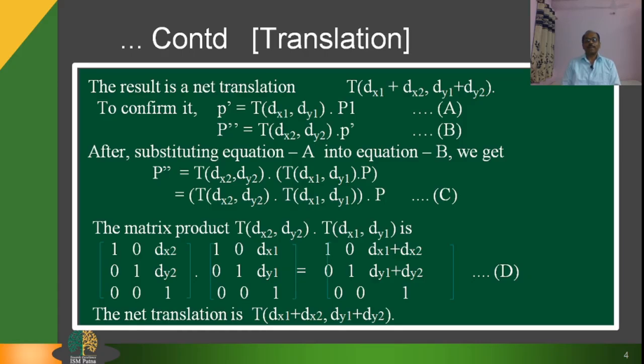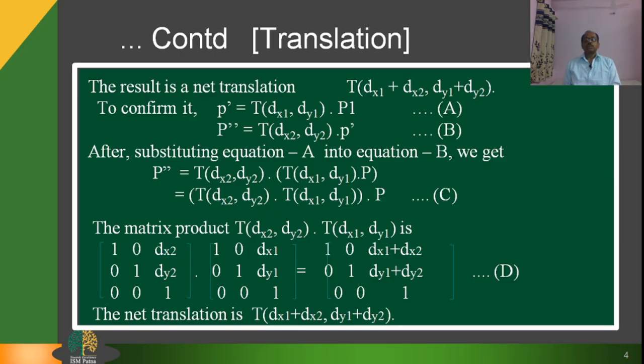So the net translation is described as T(dx1 plus dx2, dy1 plus dy2). So this is the mathematical derivation in the form of matrices which are used to do translation of an object in our graphics package.